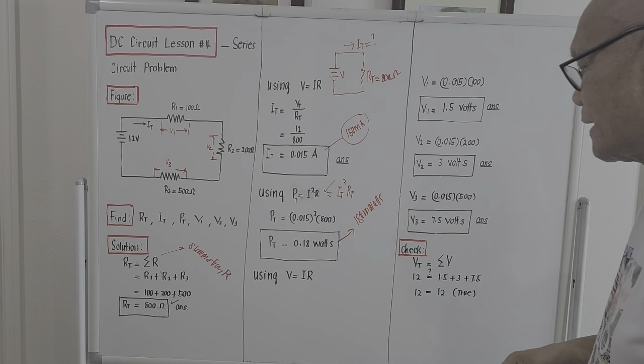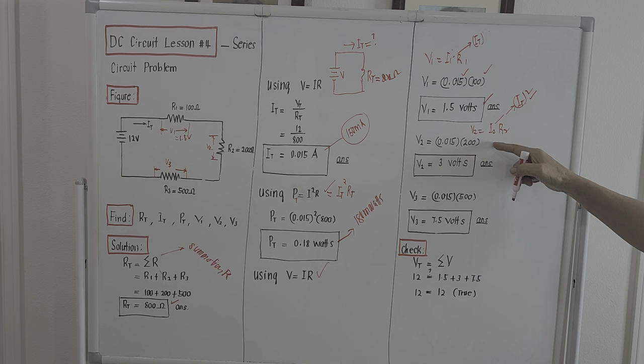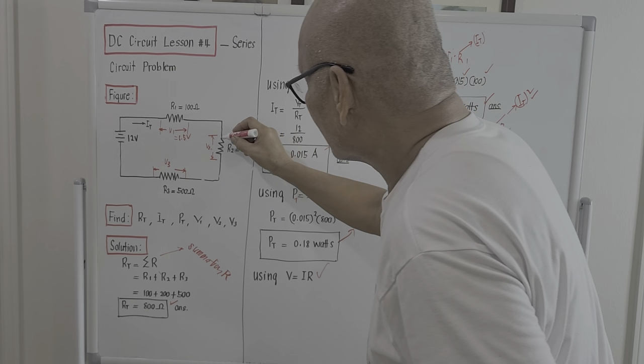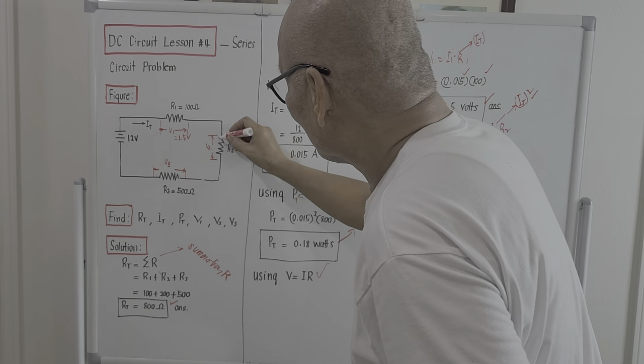Next one. Voltage is still I sub 2, R sub 2, and this I sub 2 here is same as I total, right? So it should be 0.015 times 200, and that will be 3 volts. So the voltage across this R sub 2 here is actually 3 volts.